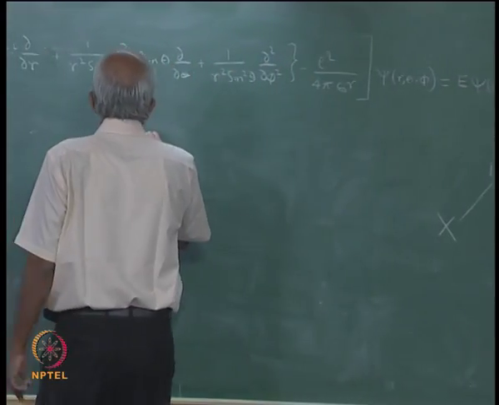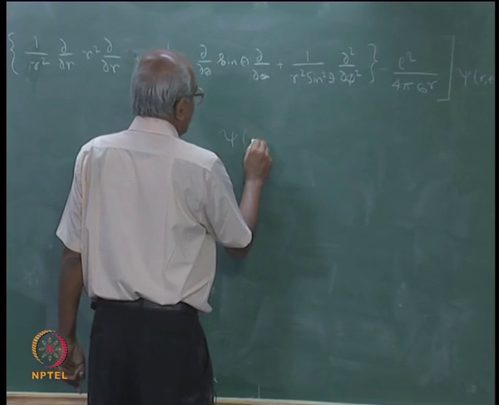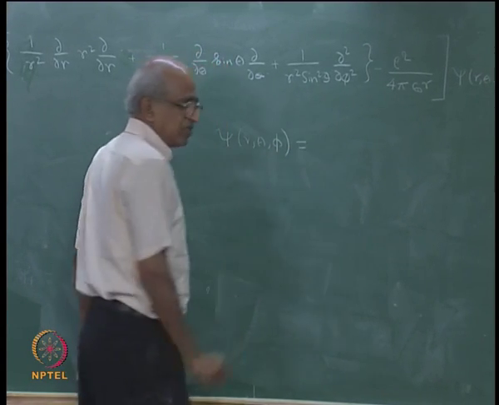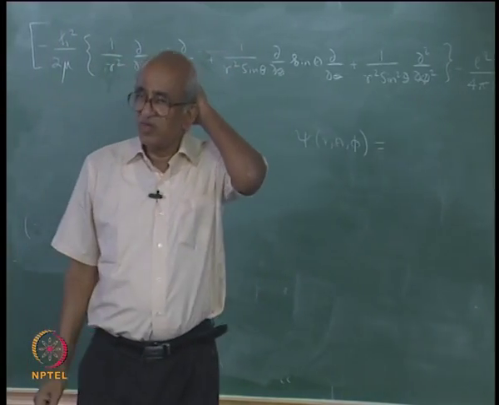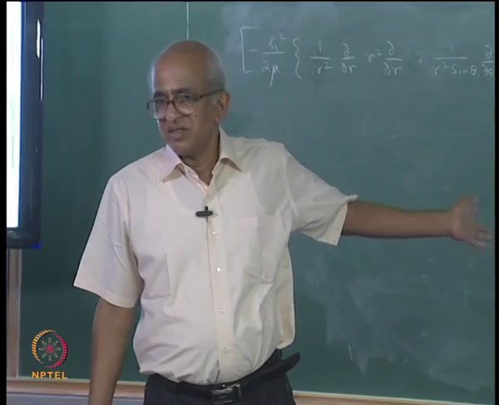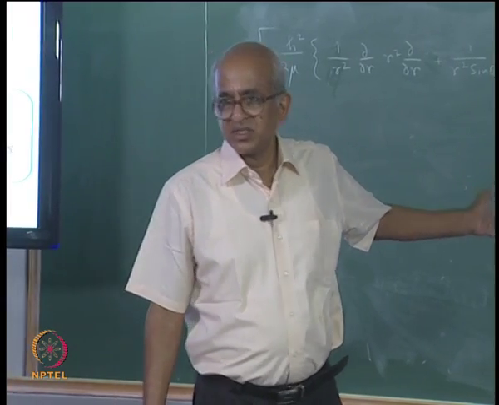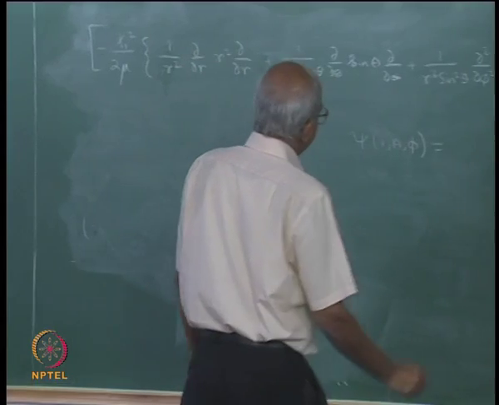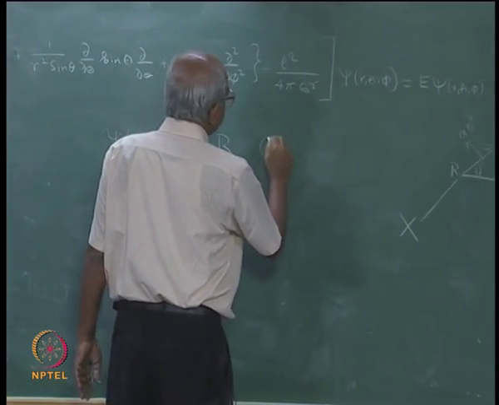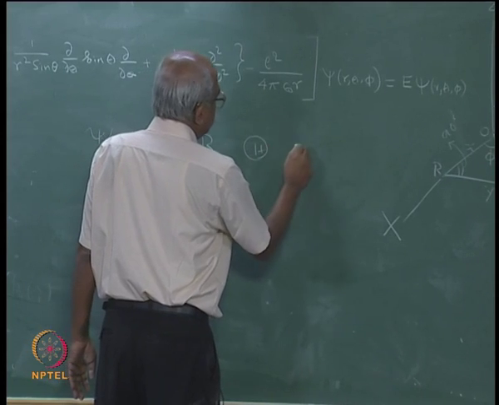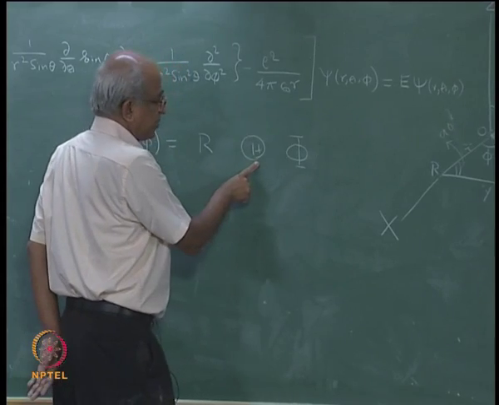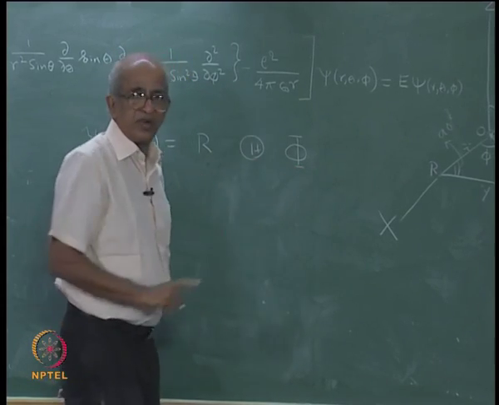And now, what we will do is we will say that psi(r, theta, phi) is a function of three variables. We want to solve this, and we know only one method, actually we have discussed only one method for solving this kind of differential equations. What is that one method? We will say that it may be written as a product of three functions, which I am going to write as capital R, capital Theta and capital Phi.